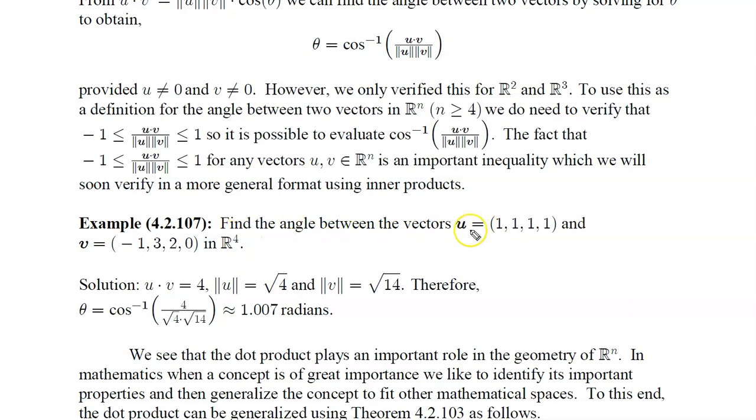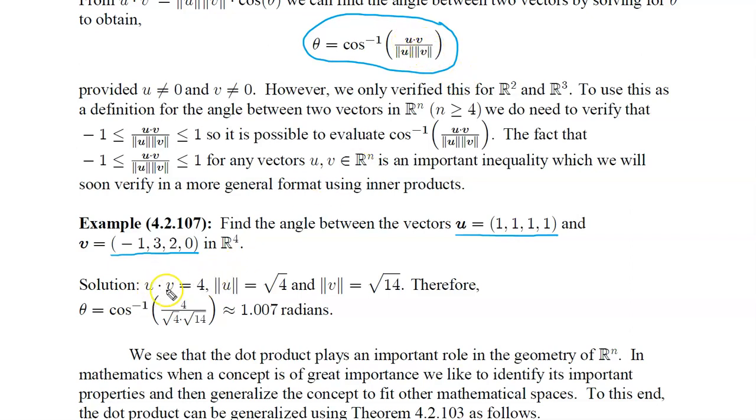So here let's find the angle between these two vectors: 1, 1, 1, 1, which is in R4, and -1, 3, 2, 0. Both of those vectors are in R4. So we have to use this formula right up here. We have to calculate u dot v.